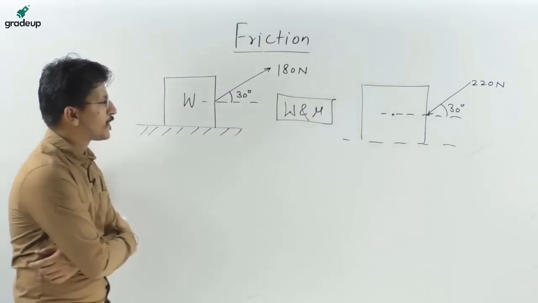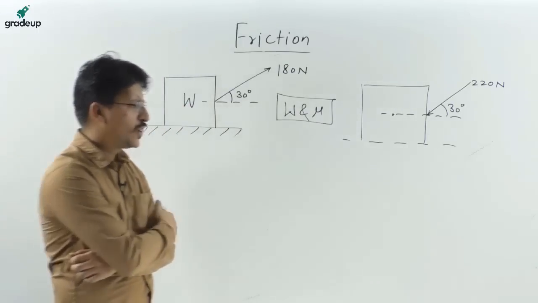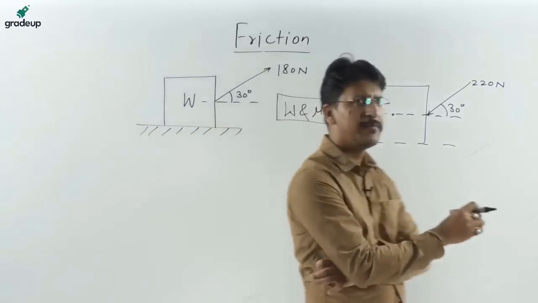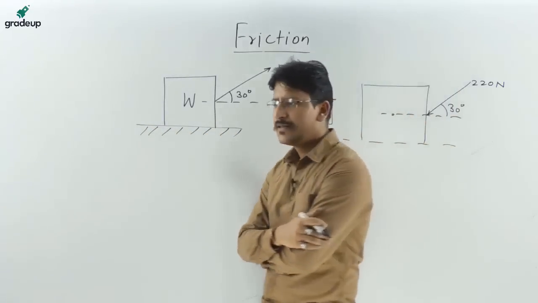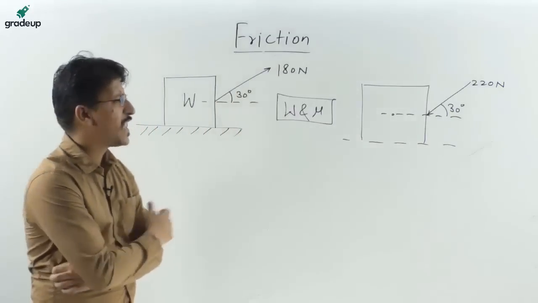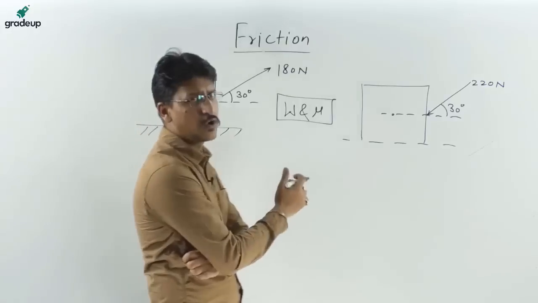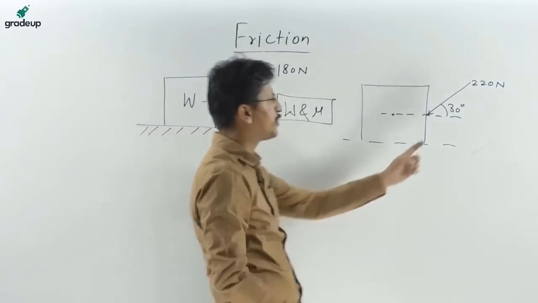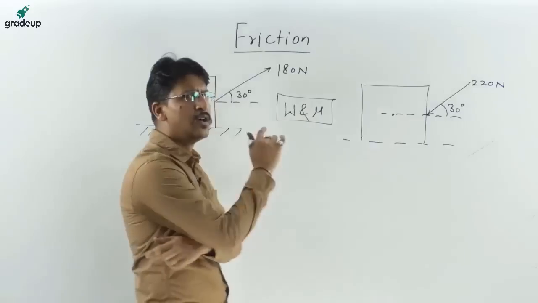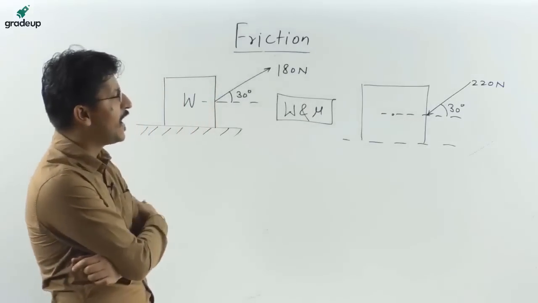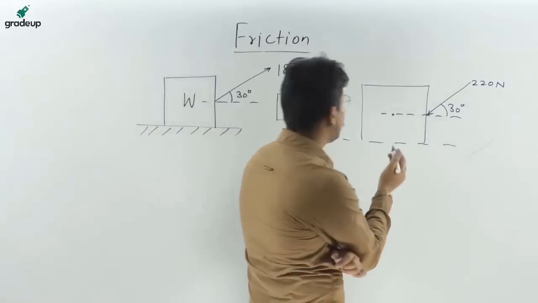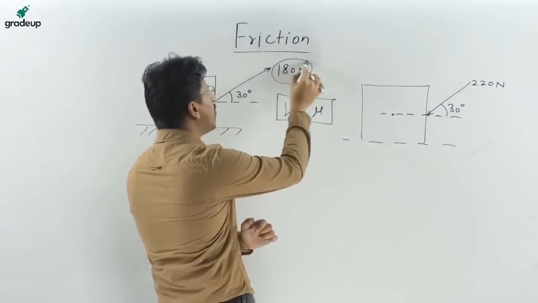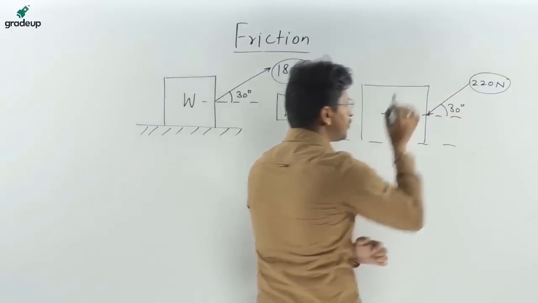Just from this question you can learn a very important concept: if the force is applied at an angle to the body, this is the pulling force, this is the pushing force, then it is easier to pull the body than to push it.